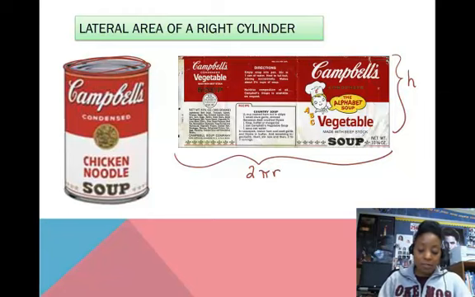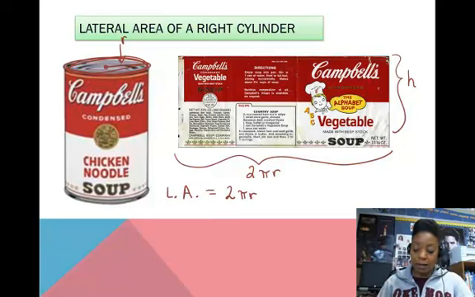That's the circumference of this can with the radius of r. Okay, so if we were going to find the area, it's base times height. So the lateral area of any cylinder is going to be 2 pi r, that's the base, times the height, or just 2 pi r h.